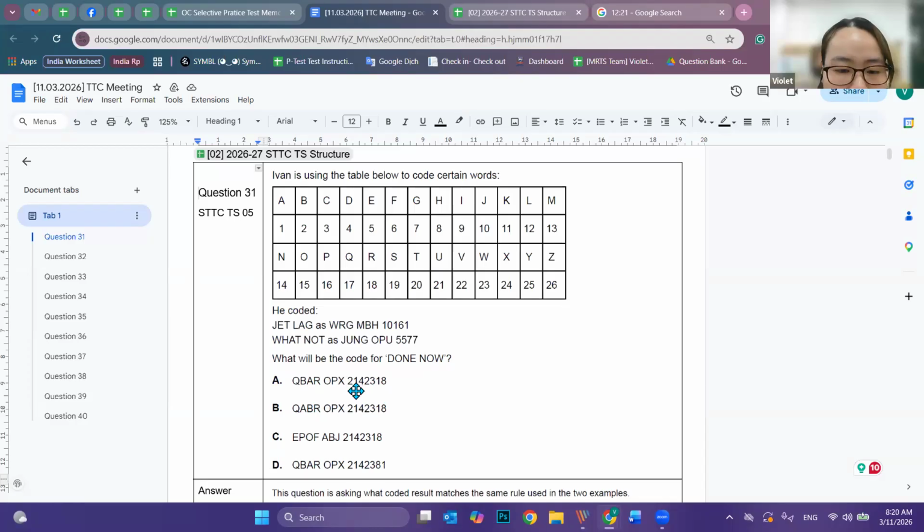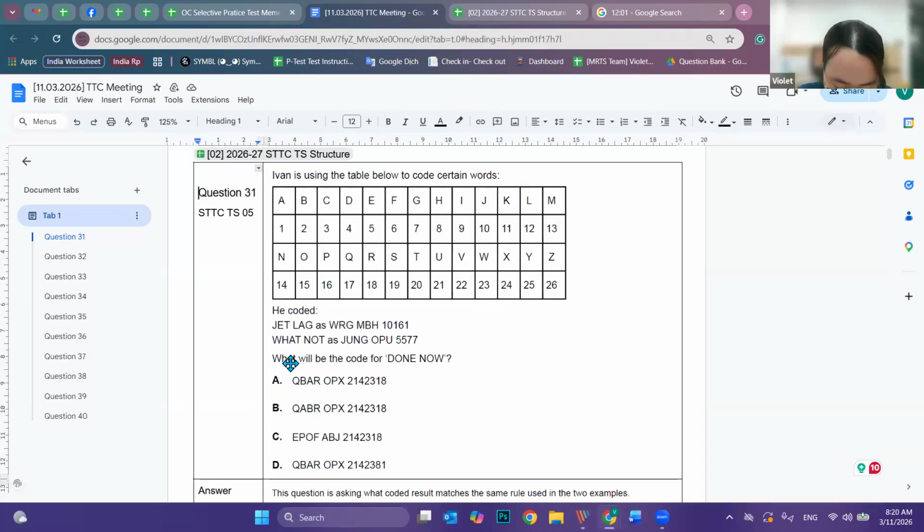So we just work with the code. The difference between Q and O is 2, B and P is 14, and A and X: X is 24, A is 1, so 23.